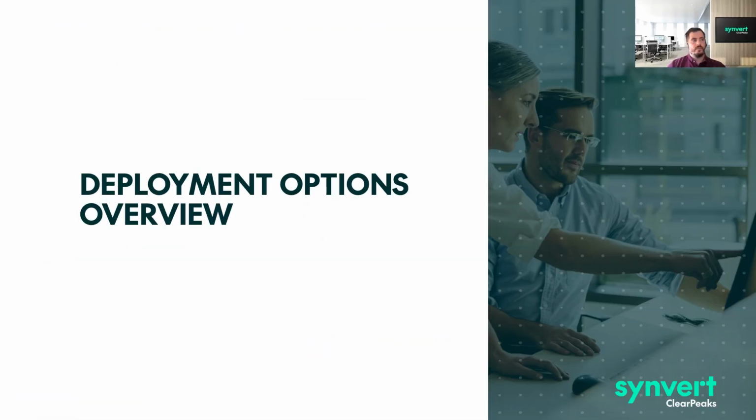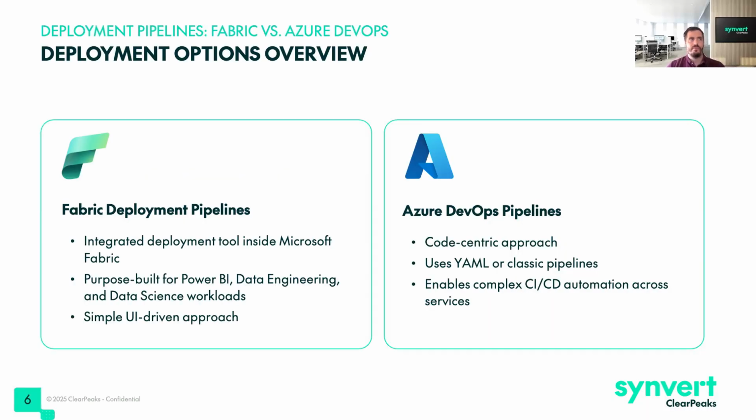Let's go now and see which are the two main approaches that we are going to be discussing in this webinar. On one hand, we have Fabric Deployment Pipelines, which is the tool that is already integrated inside Microsoft Fabric. It's built for non-technical users that are already working or starting to work on this solution.